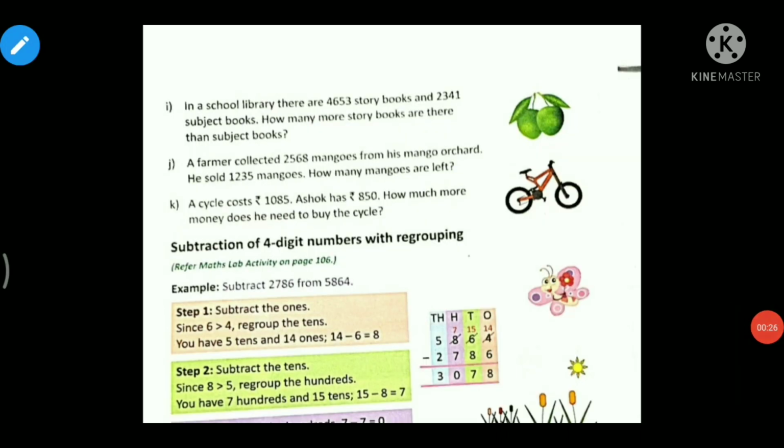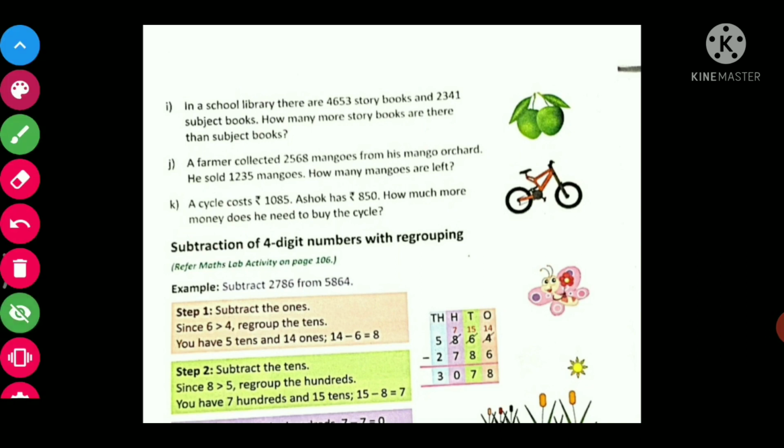So open page 97 and see question number I. In a school library there are 4,653 storybooks and 2,341 subject books.